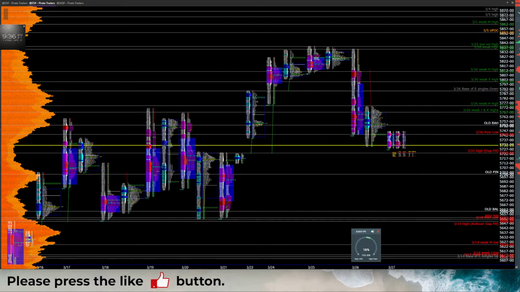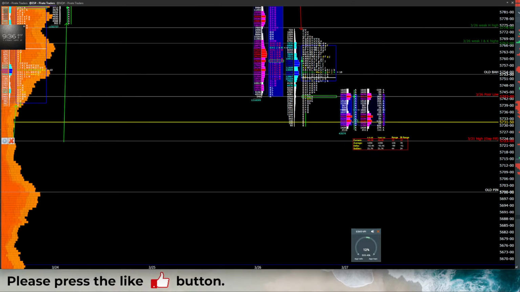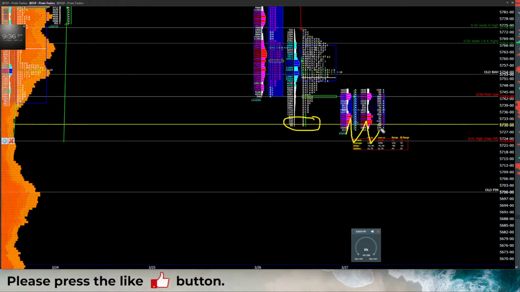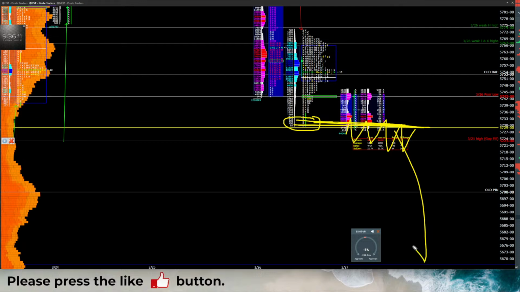And as we speak, we are getting the setup to find out if it's going to be lower. If the market is going to go lower today, it will turn this overnight low, this area we're at right now, 57.30, into resistance. It'll keep poking into it, and it won't be able to get through there. If we get resistance here at the overnight low, it is a sign this market is going much lower today.